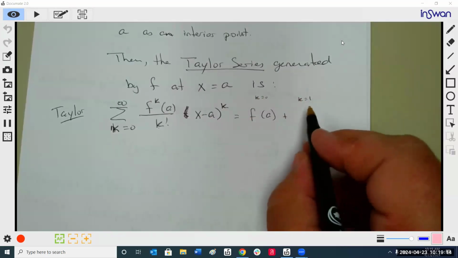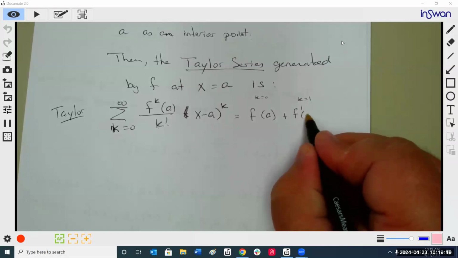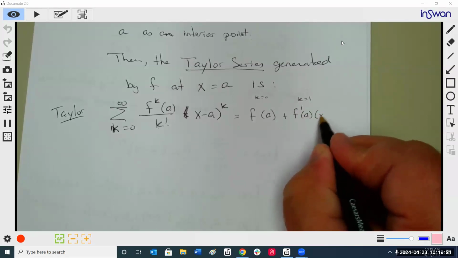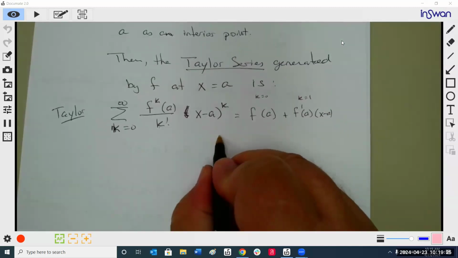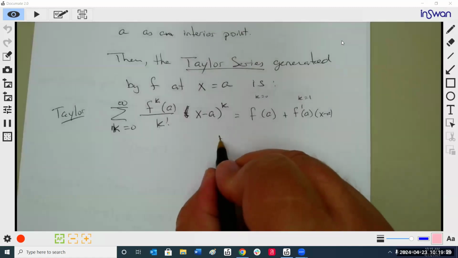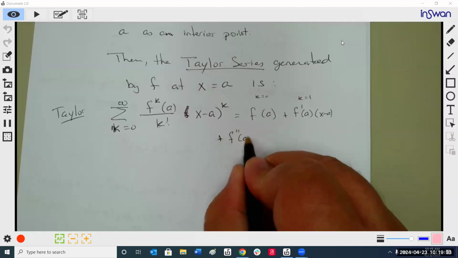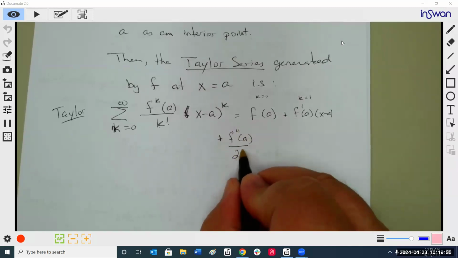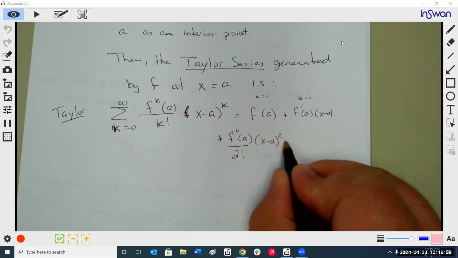K equals 1: the first derivative, x minus a over 1. K equals 2: 2 factorial, x minus a squared.